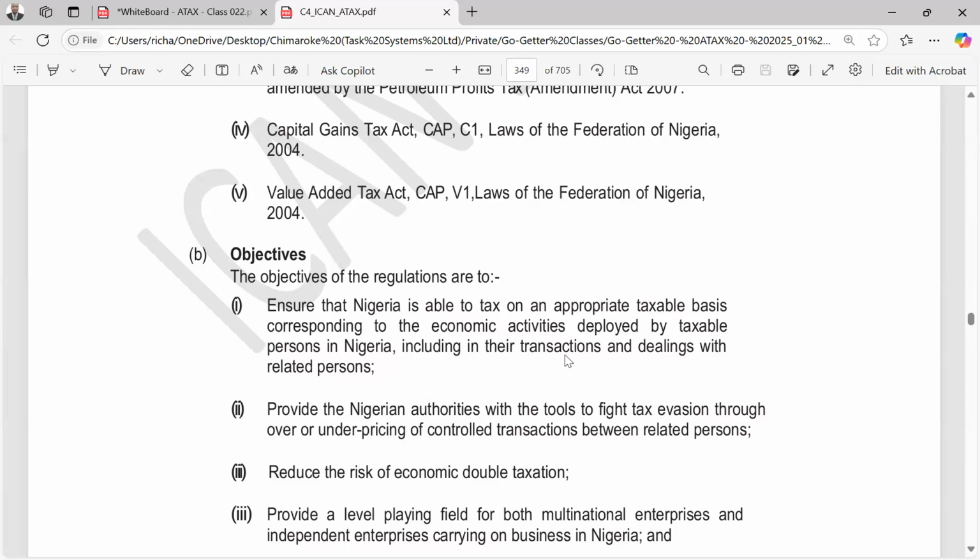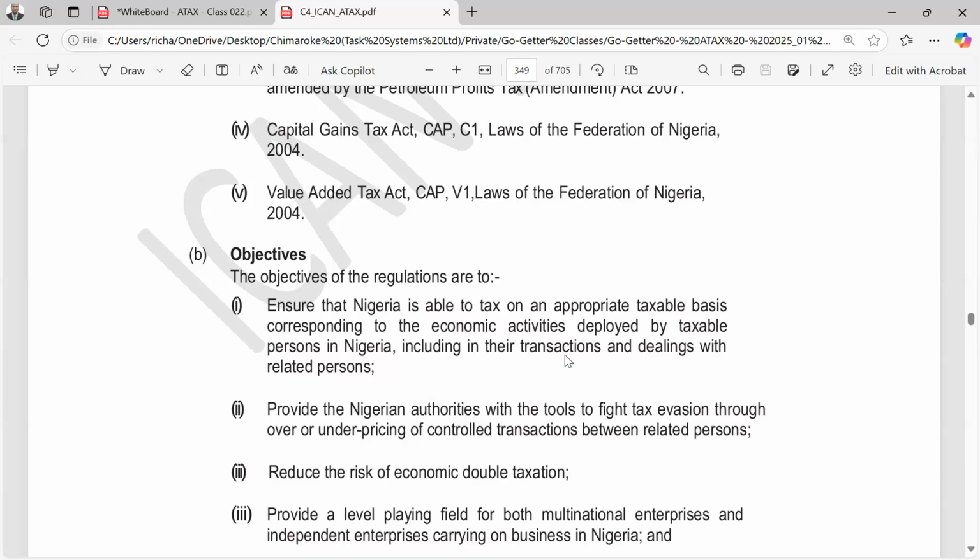And you do that by something we mentioned in the last class, that you report your income and you overstate your expenditures. But now you are seeing another thing here. You underprice controlled transactions. Okay, what are controlled transactions?